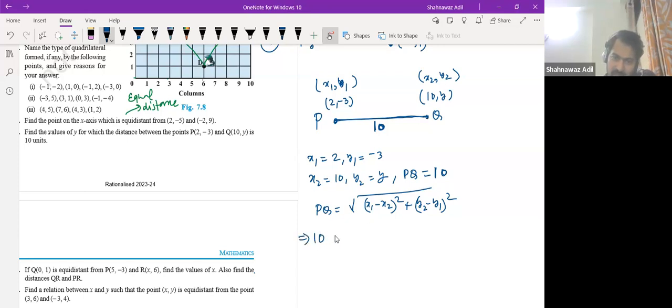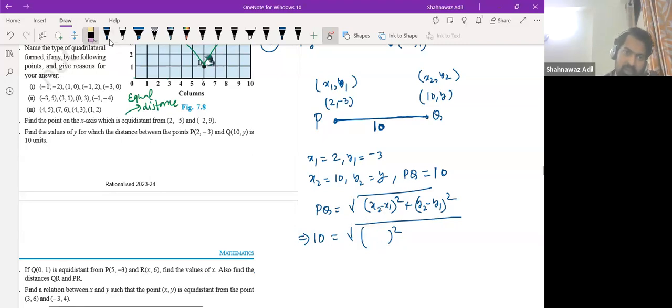So this would be 10 and x1 is 2 minus... Sir, it should be x2 minus x1, right? Whatever you write, this is a square, so you can write this as x2 minus x1, that is correct.